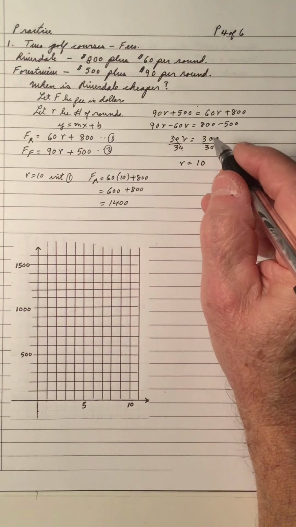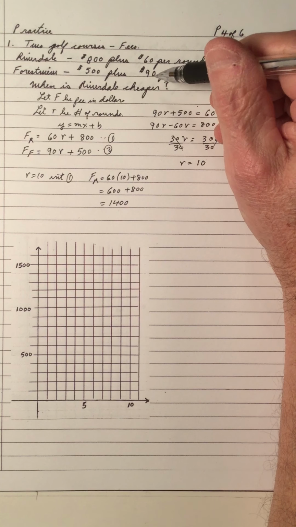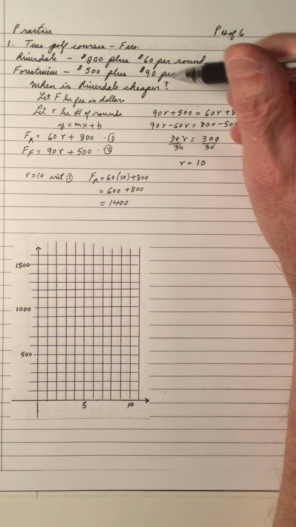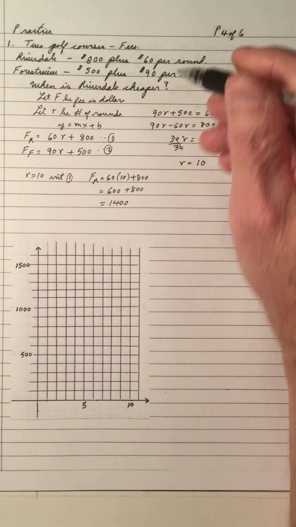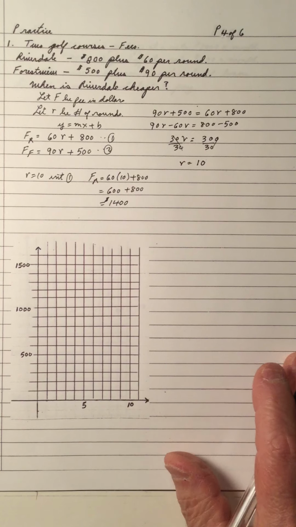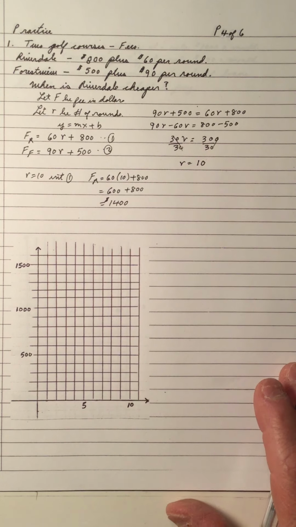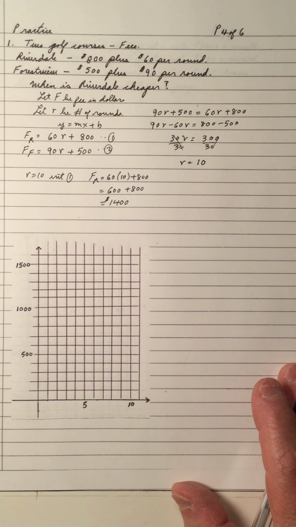That's when, if you play at both places, or two different people, when both people have paid for 10 rounds, they would have both paid $1,400. And so, which is cheaper? Or when's it cheaper? Well, let's look at the graph to decide that.